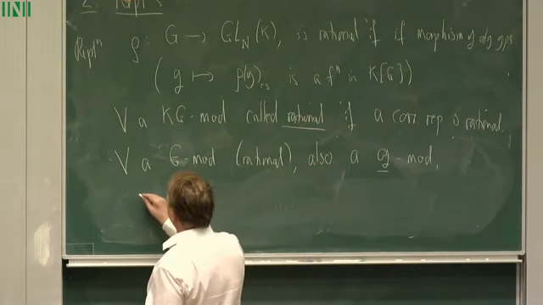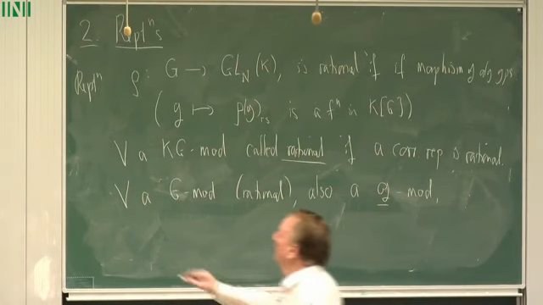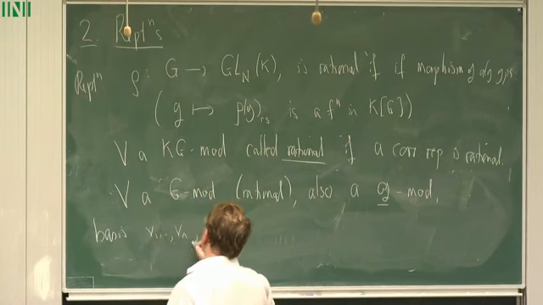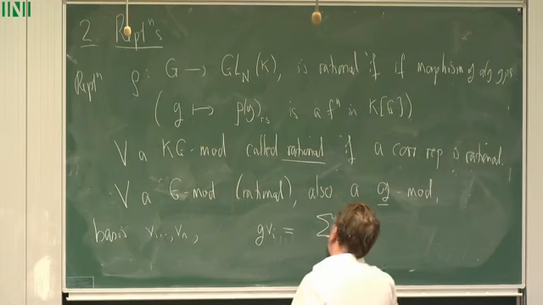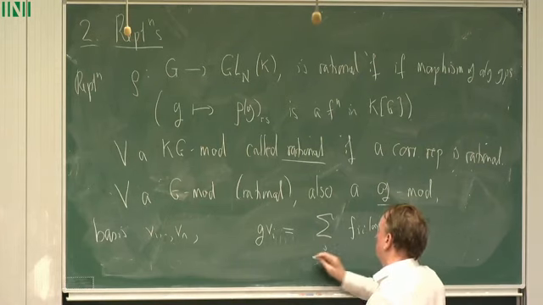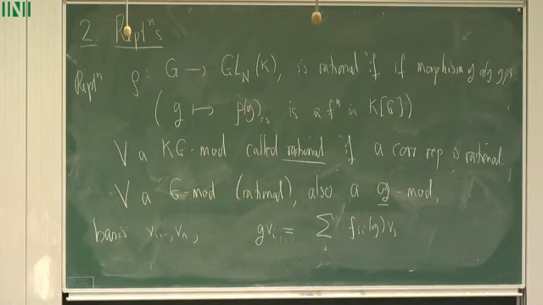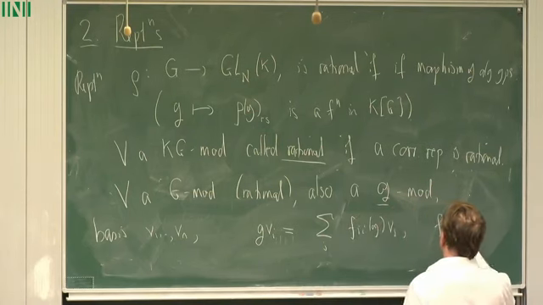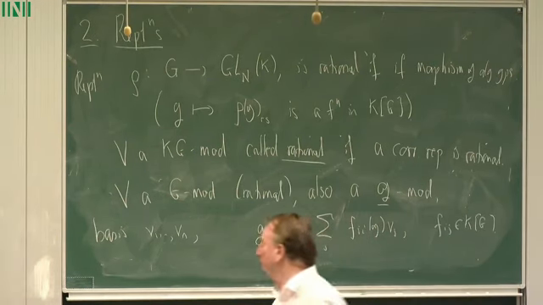If you have a basis of V, then multiply by a group element, then when you pick out the jth coefficient, this is given by a function in the coordinate algebra of G. That's the definition of what it means to be rational.